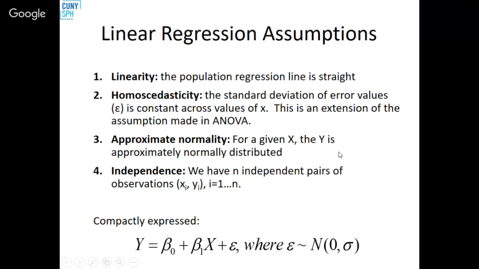Why do I make that distinction for a given X? What I'm saying essentially is that the errors are normally distributed.